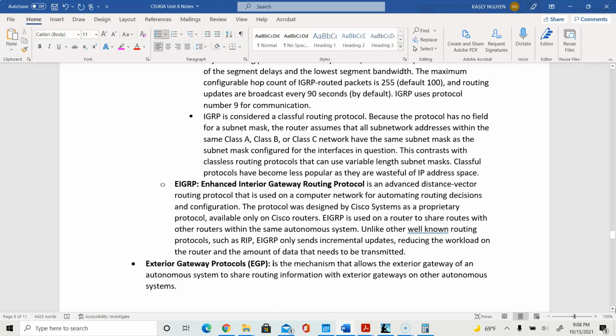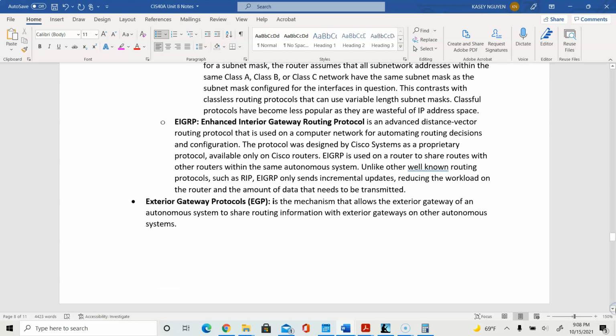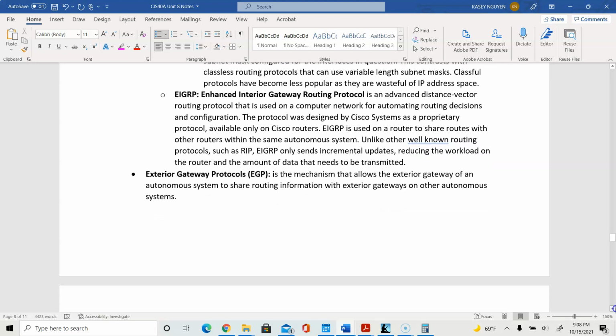Another set of protocols you can look at is your exterior gateway protocol, and this is the second category, as we mentioned earlier. This is used for autonomous systems, and it's used to share information about other exterior gateways, so that way it can forward the information.